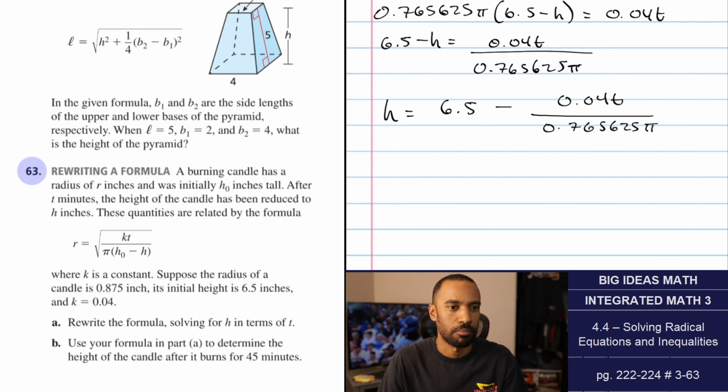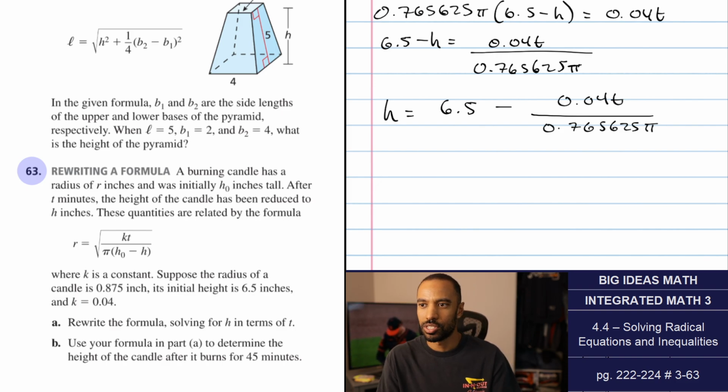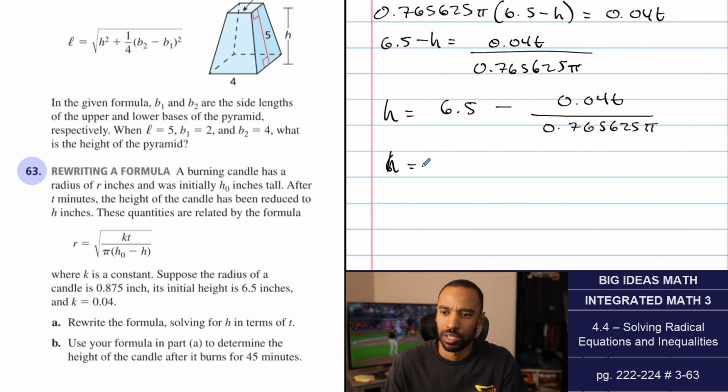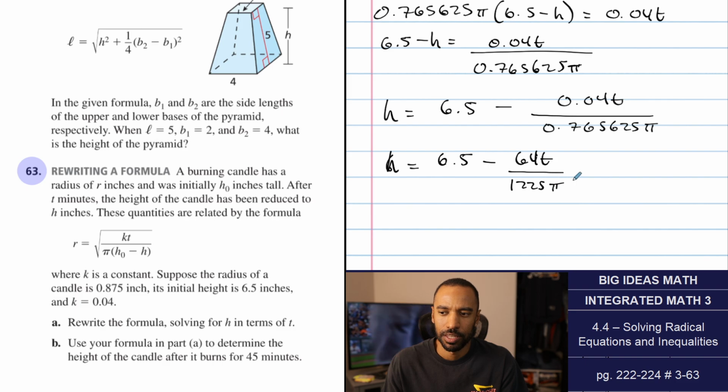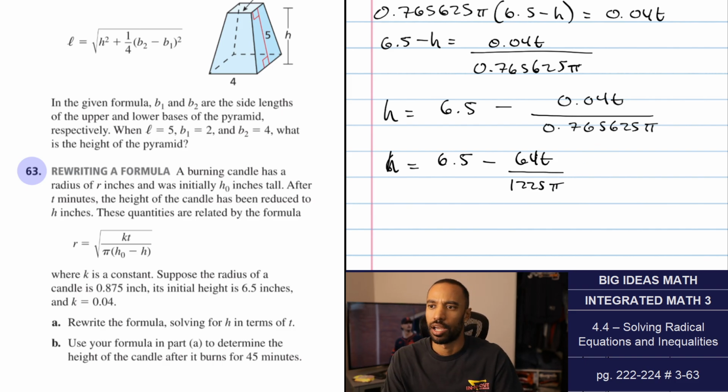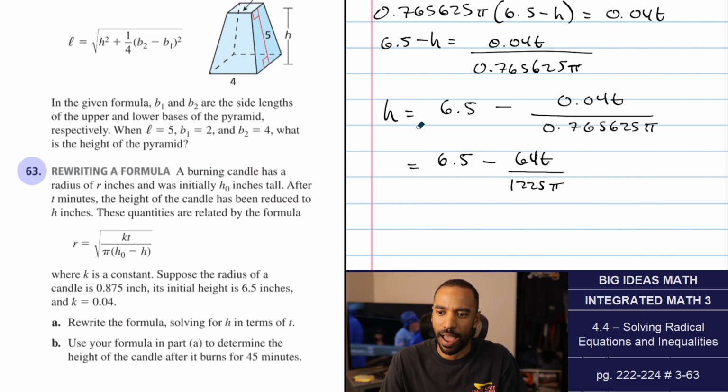Maybe I'll just write the fraction version. The fraction equivalent of this is 64 over... Does that make sense? I'm looking at my calculator. h equals 6.5 minus 64t over 1225 pi. That does make sense to me, at least. So there's the exact fraction version.